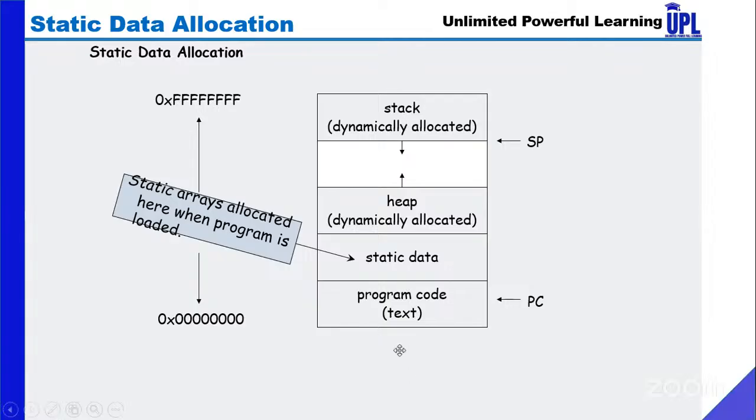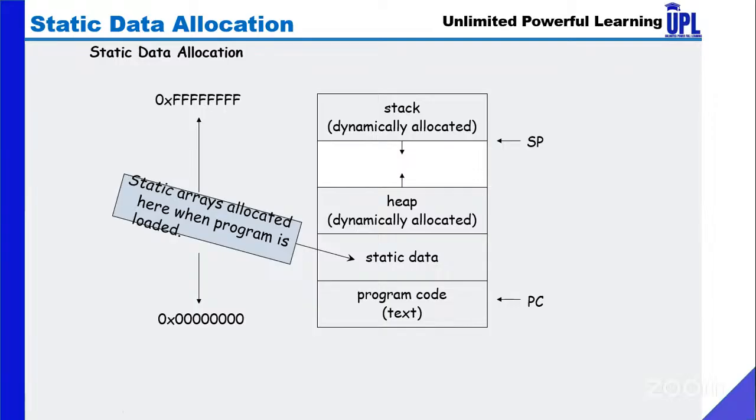Here, local variable declarations you can create in the stack. If you want to store dynamic variables, there is the heap memory. In data structures, when we are learning, everything we are going to operate through the heap memory. When you declare an array, it will have the static data part where it will be kept. If memory is available there, only then will memory be allocated; otherwise it will not be created at all.